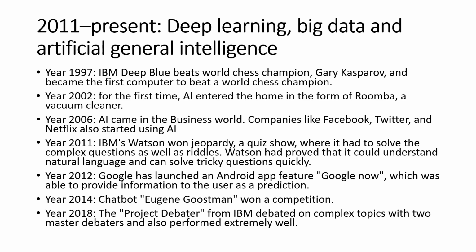In the year 2012, Google launched an Android feature, Google Now, which was able to provide information to the user as a prediction. In the year 2014, the chatbot Eugene Goostman won a competition. In the year 2018, Project Debater from IBM debated complex topics with two master debaters and performed extremely well.